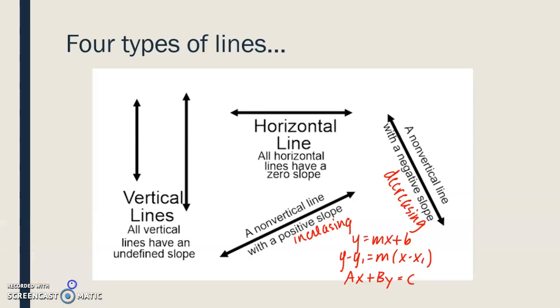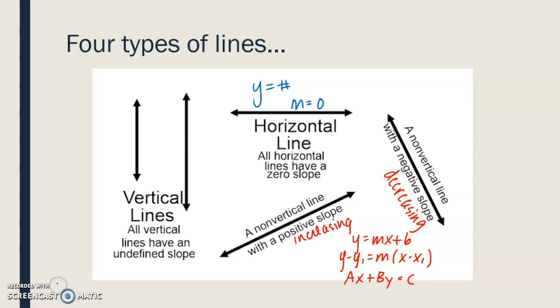All right, horizontal lines. Horizontal lines are always in the form y equals whatever the y coordinate of the ordered pair is. Okay, what are our slopes? The slope of a horizontal line is always equal to 0. Change in y over change in x. There's no change in y, so my slope is 0.